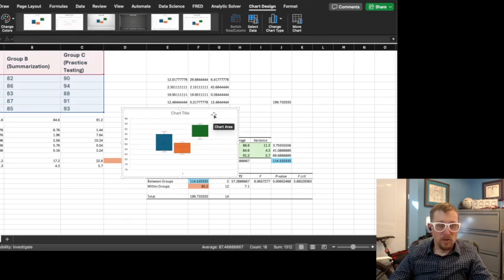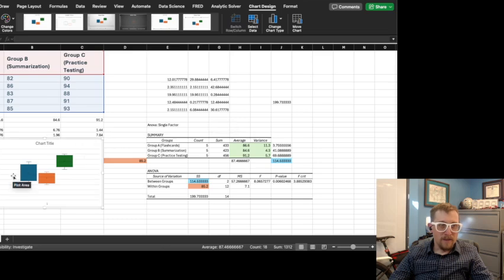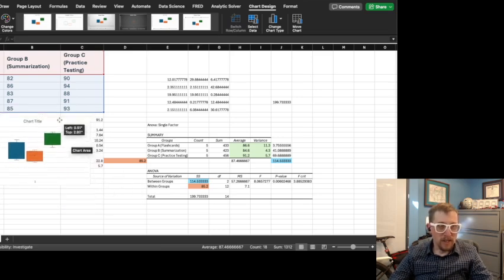And this really shows the mean of each of these groups, or in this case the median, and also the spread. So the center of each group and the spread of each group. So I have flashcards, I have memorization, and I have practice testing. And I can get a little bit more intuition for what's going on by looking at that chart.